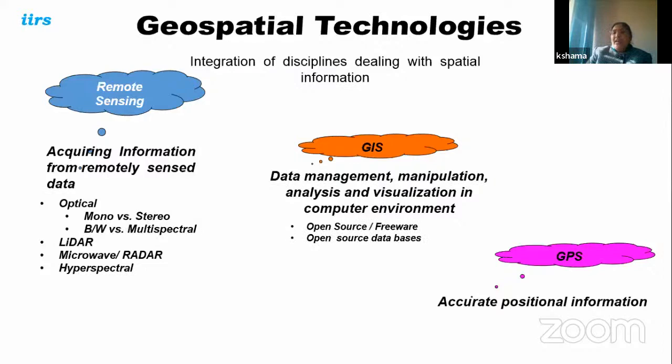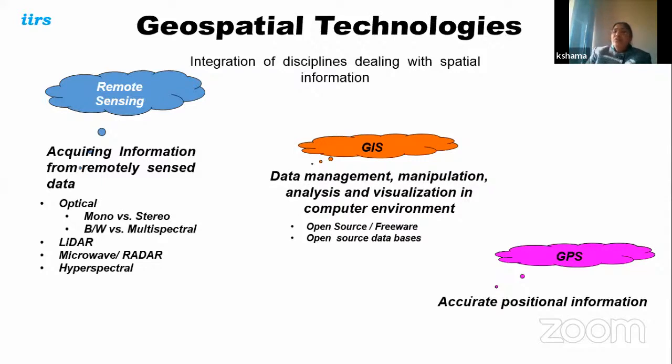Now, if we talk about GIS, we have open source or freeware data. GIS earlier started with desktop GIS, which came with commercial licenses. Now this whole environment has shifted to open source freeware GIS, and a lot of open source data sets are available.